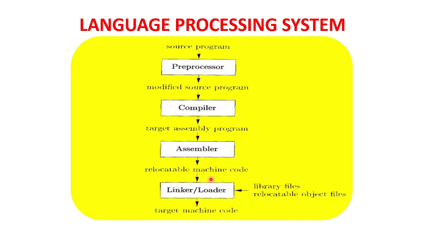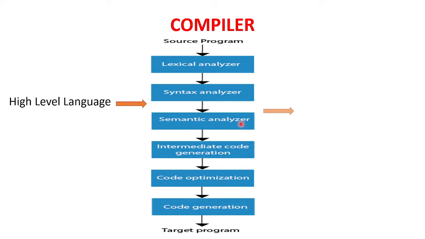Now as you all know, in language processing system, second step is compiler. Okay, inside compiler we have to perform 6 phases. There are 6 phases inside the compiler. So high level language, that is modified high level language, is given as an input to the compiler, and compiler will apply these 6 phases and will give us the output, that is object code or machine executable code which machine understands in the 0 1 format.